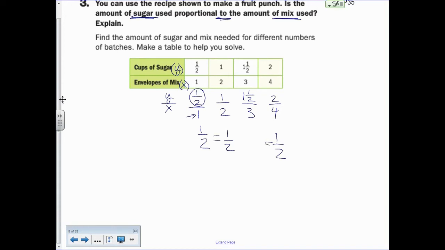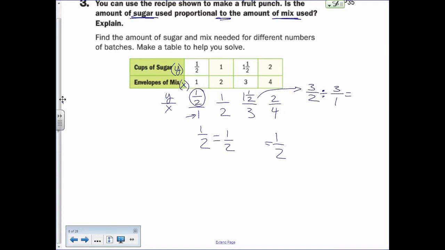So the question is, is 1.5 over 3 equal to 1/2? This is a complex fraction, so we could actually change it into a simplified fraction by dividing 3 into 1.5. We would first need to change our 1.5 into an improper fraction, which is 3 over 2, and we would divide that by the bottom number, 3, which we would put over 1.